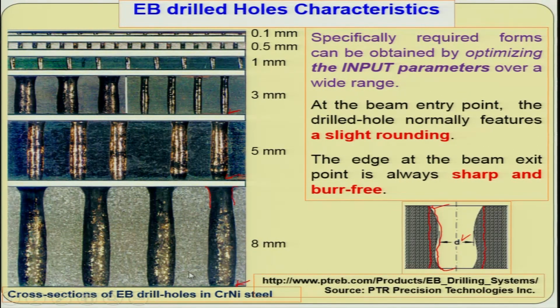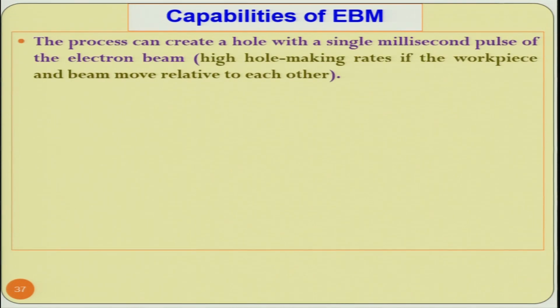You can see the cross sectional view, which I have already explained. These are the actual holes drilled in chromium nickel steel, of different sizes. Round entry and sharp exit are there, as already explained. Now, the capability of electron beam micromachining or electron beam machining.